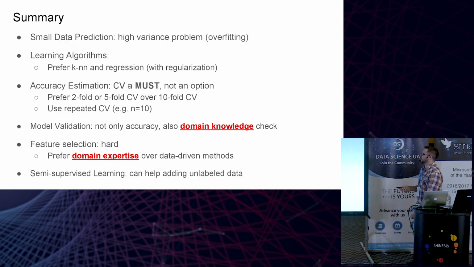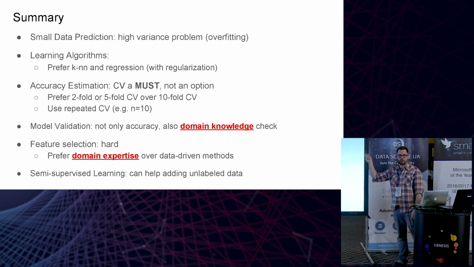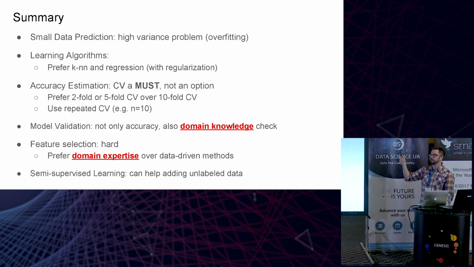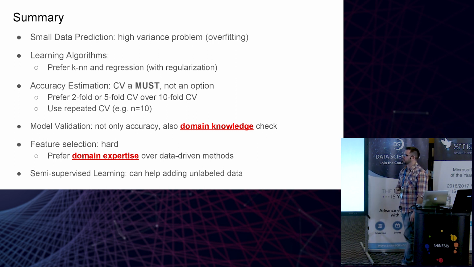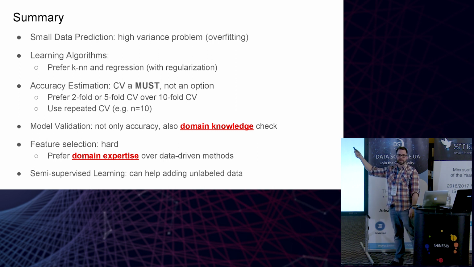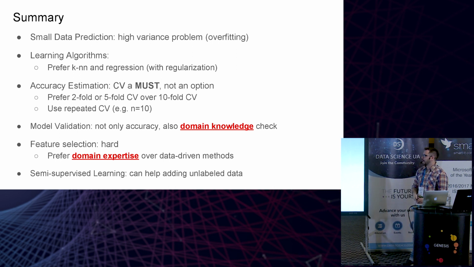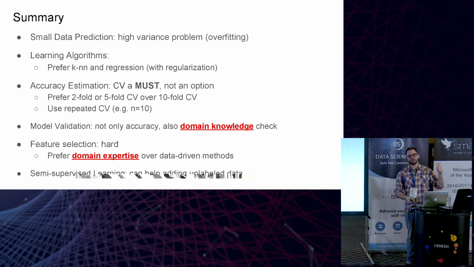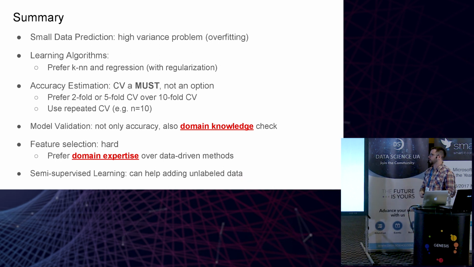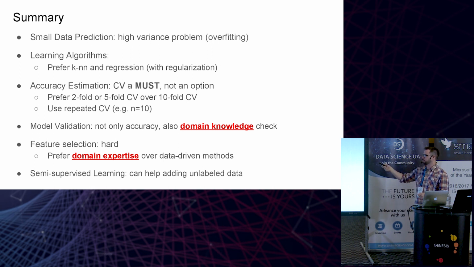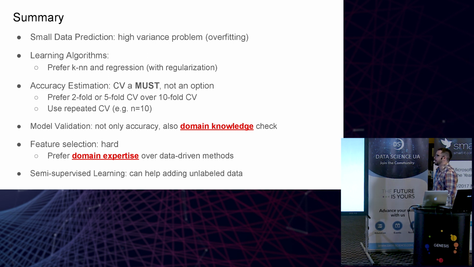Okay, so a very quick summary. Small data prediction is basically a high variance problem. You are always at risk of overfitting. For learning algorithms, you should always prefer nearest neighbors and regression, and with regression, of course, try to do some regularization. For accuracy estimation, cross-validation is a must. You cannot choose; you always have to do cross-validation with your small data. You should prefer 2-fold or 5-fold over 10-fold, and also prefer repeated cross-validation.